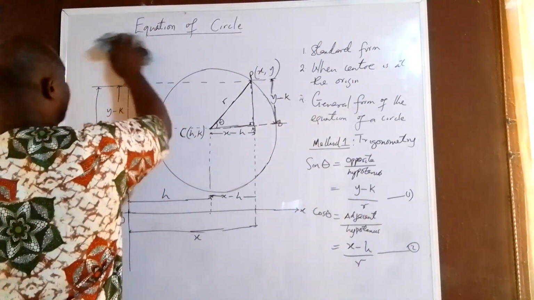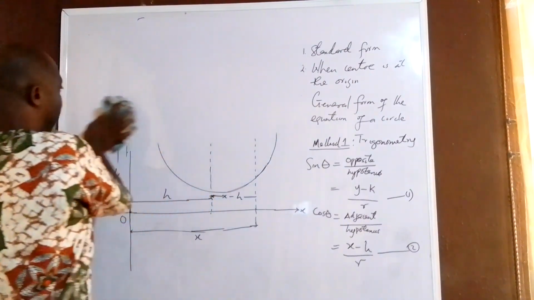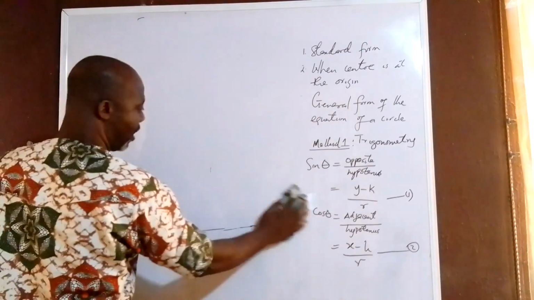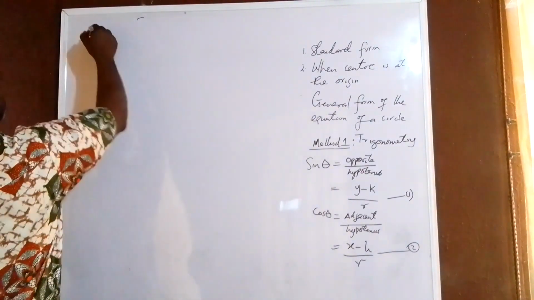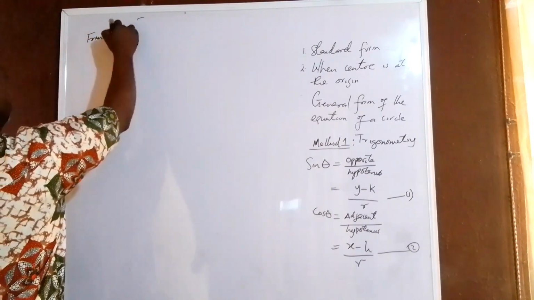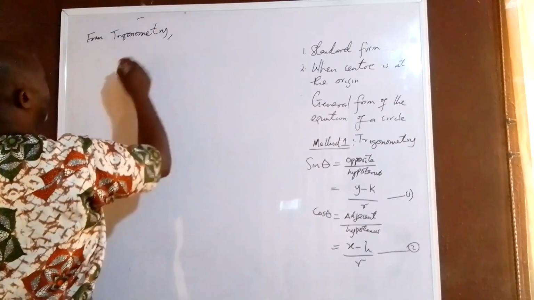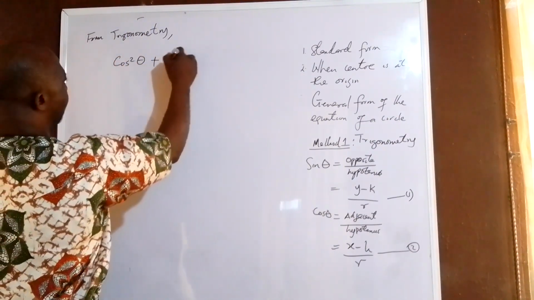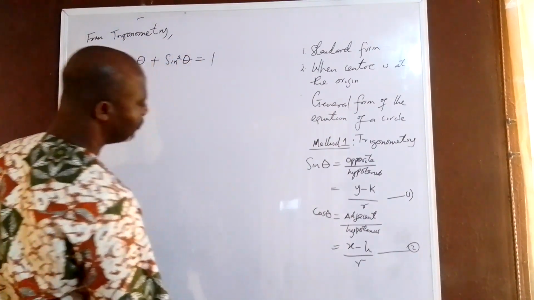Before that, there is this trigonometric identity from trigonometry, where cos square theta plus sine square theta equal to 1.